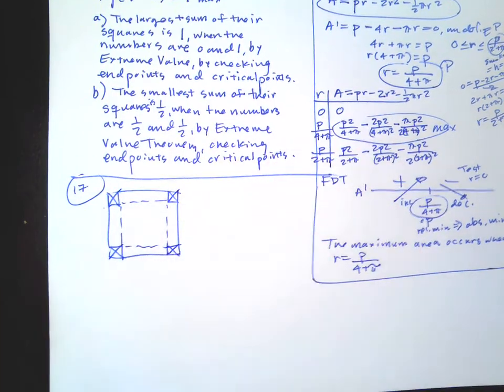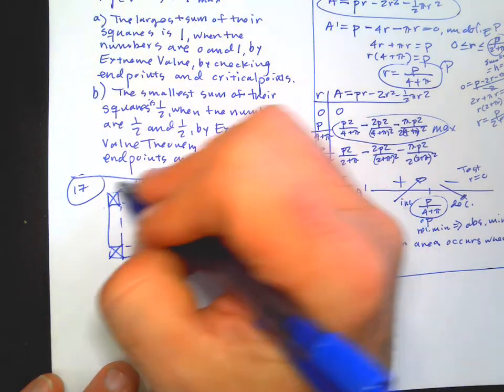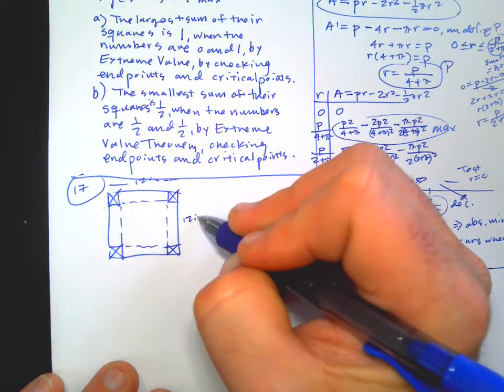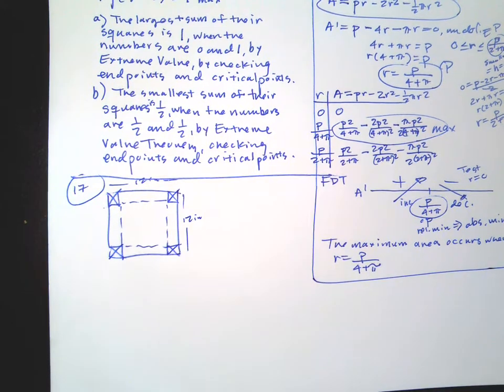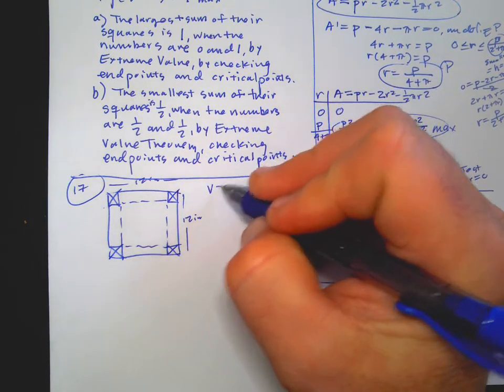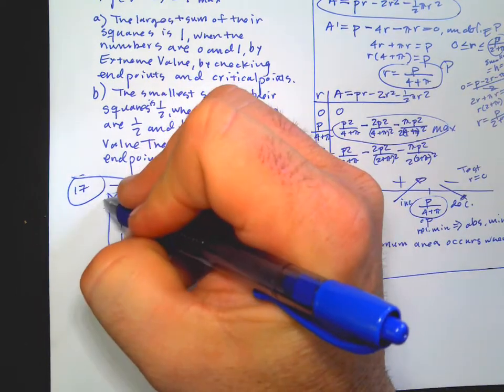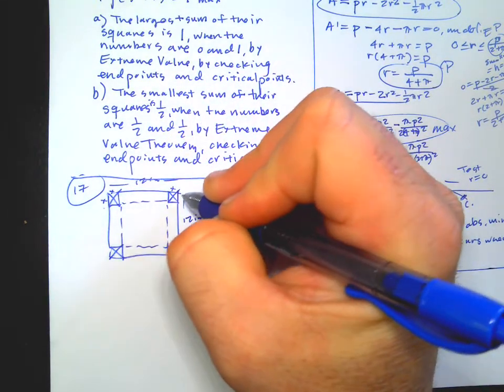Okay, and it says it's 12 inches on each side, right? So a good picture. And we're trying to figure out what size squares to cut out. So to maximize the volume, length times width times height, I'm going to call these little dimensions x.